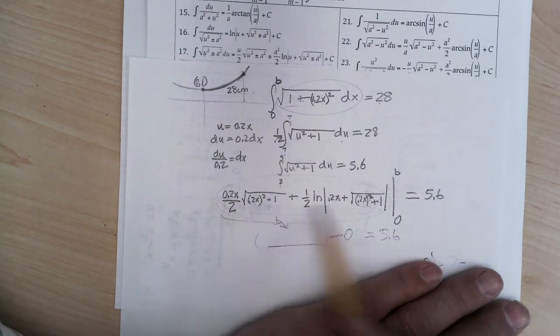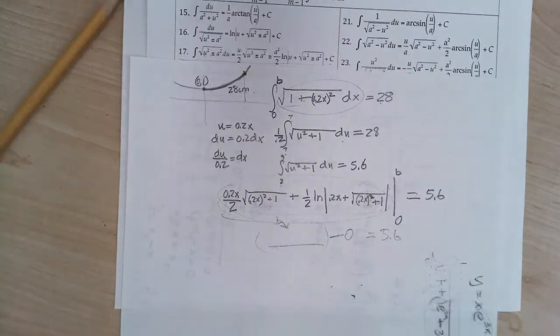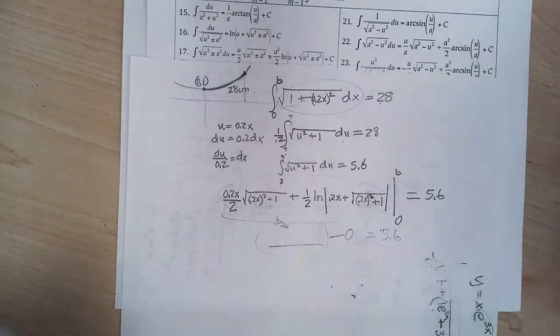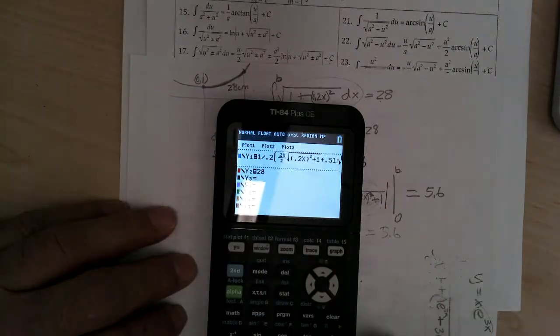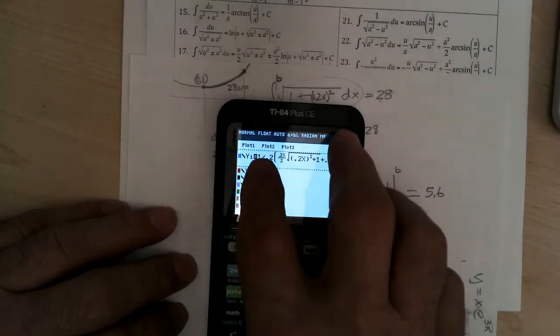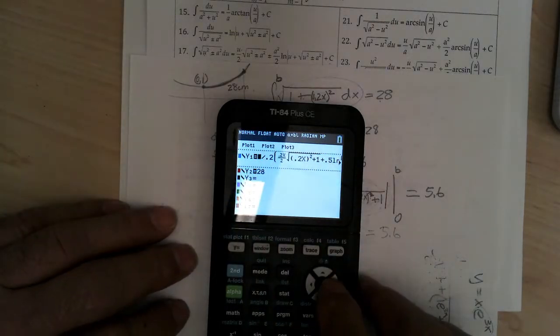So I'm going to type this into my calculator, which I think I've already done, except I kept the 0.2 when I did it. So I'm going to take that out. Go to my graph. I have 1 over 0.2, and I'm going to take that out.